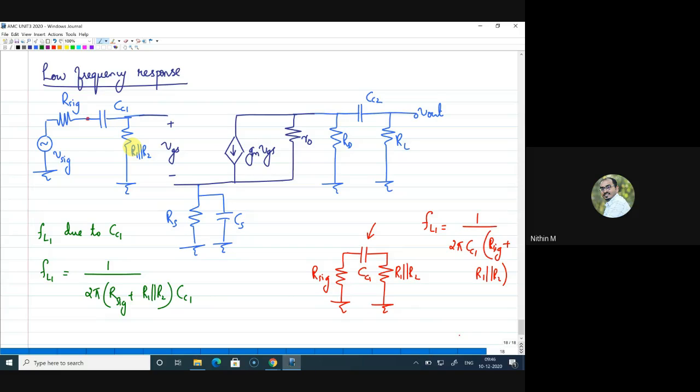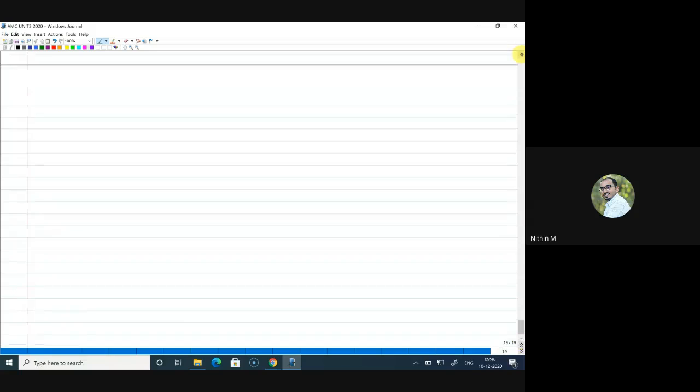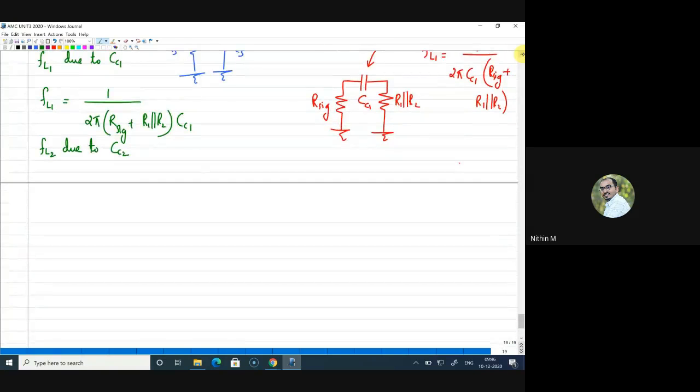Now, if this is FL1, can you tell me what is FL2? FL2 is due to CC2. Laksh, can you tell me what is FL2?